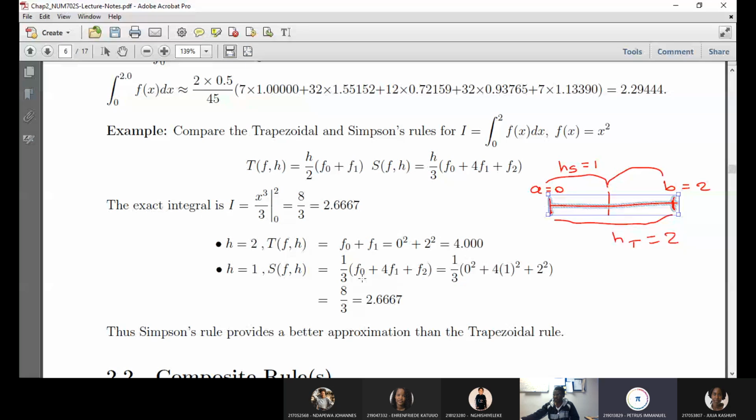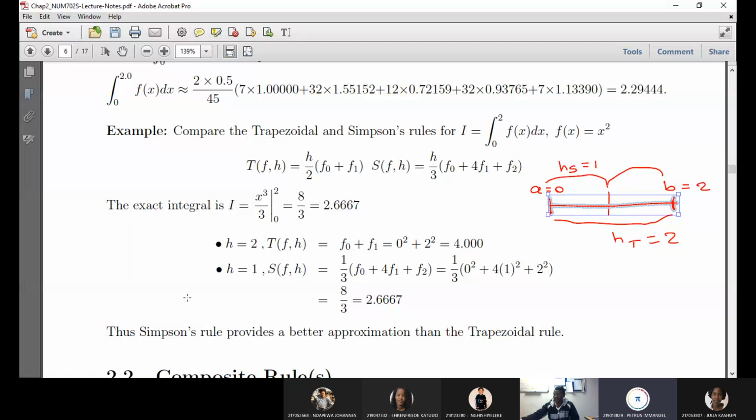Then we know f sub 0 is 0 squared, 4 times f sub 1 is 1 squared, plus f2, which is 2 squared, which is this one. So this will be 4 plus 4, 8, 8 by 3.